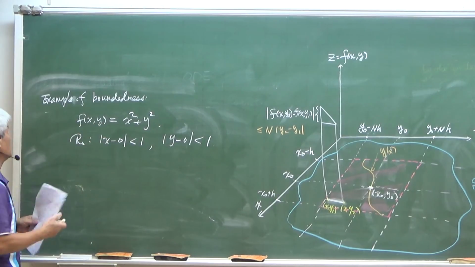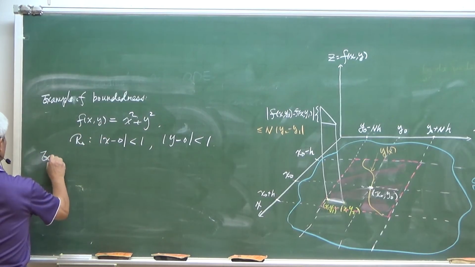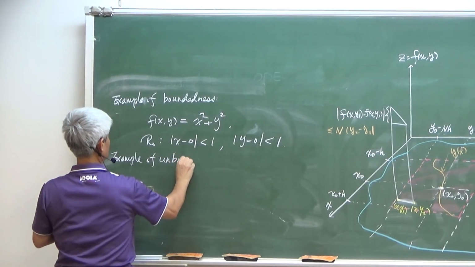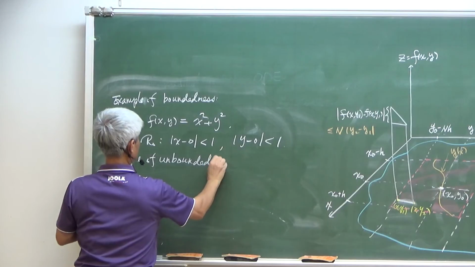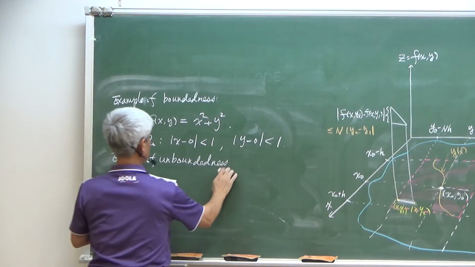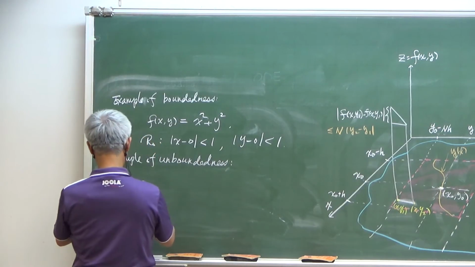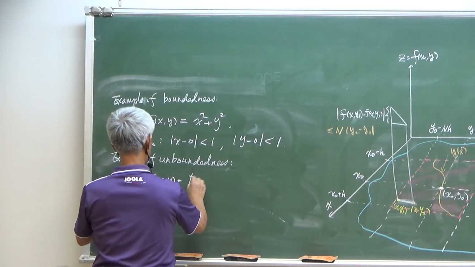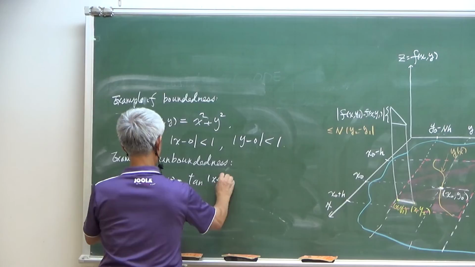An example of unboundedness: f of x, y equal to tangent of x plus y.